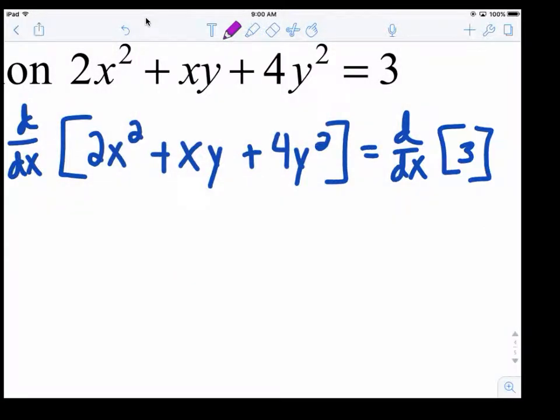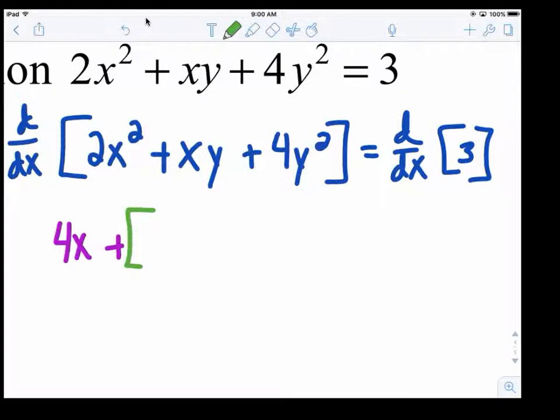Okay, so the derivative of 2x squared gives me 4x plus, when I take the derivative of xy, what do I need to use? Product rule.